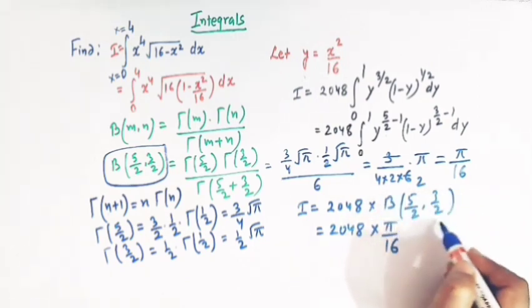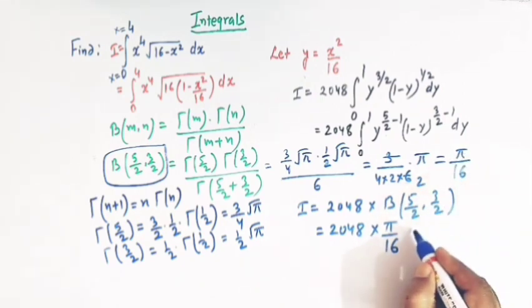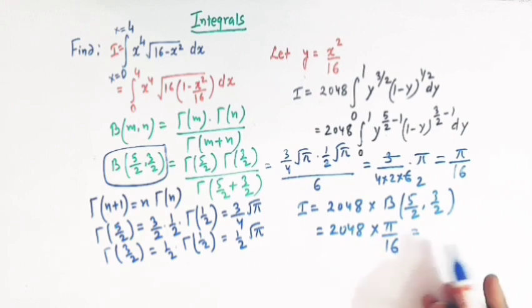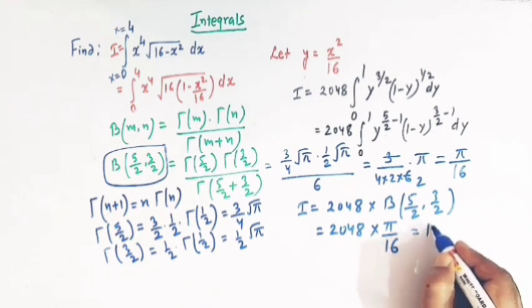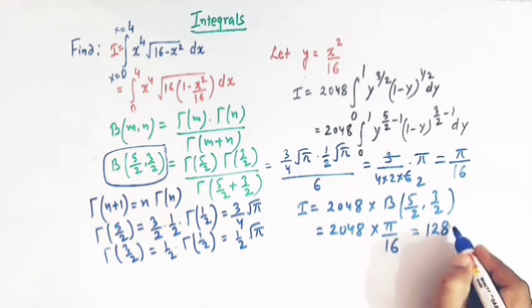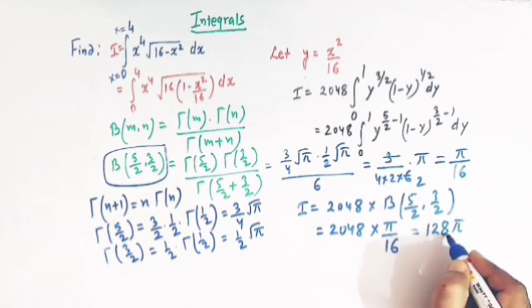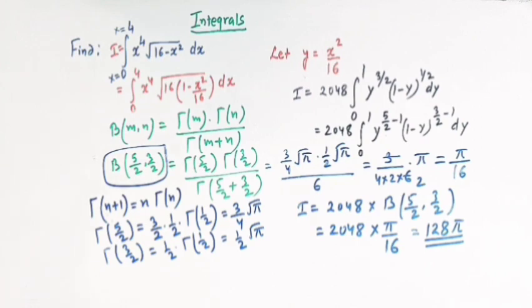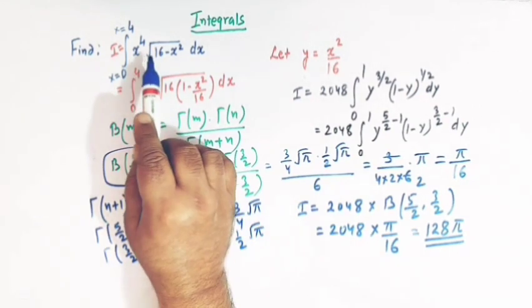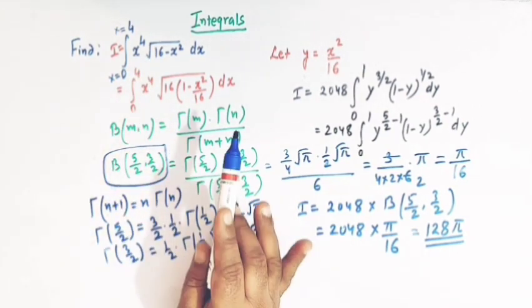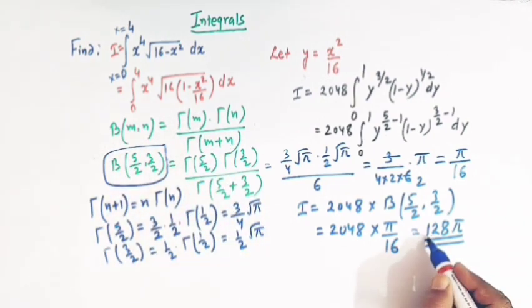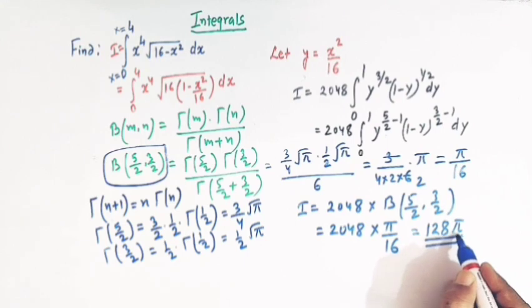Now if we divide 2048 by 16, we'll get 128. So we have 128 times pi. So the value of this integral using the concept of beta function and gamma function is 128 pi.